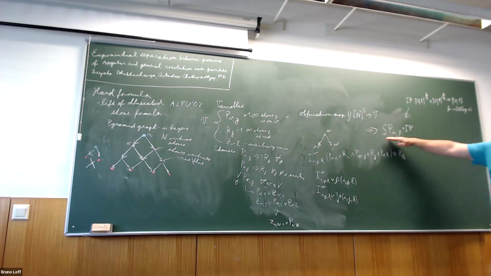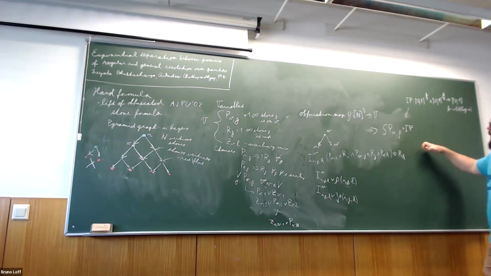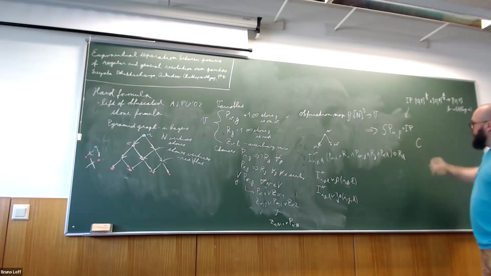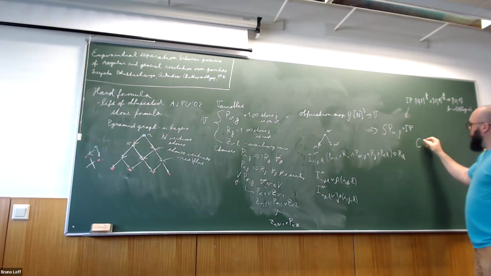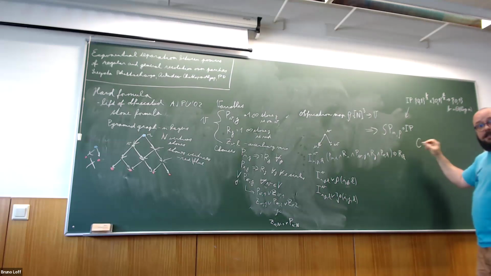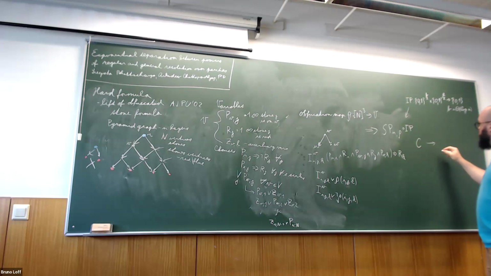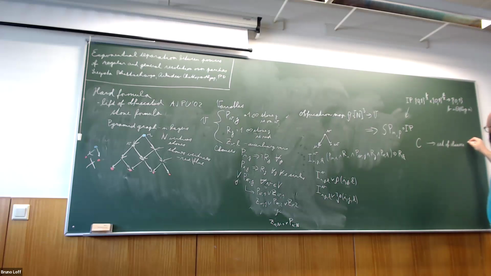So this formula is a set of clauses. Let's take some clause C. By lifting, we change the C into a set of clauses. And when we take these sets of clauses for any C of the original formula, we have the clauses of the lifted formula.